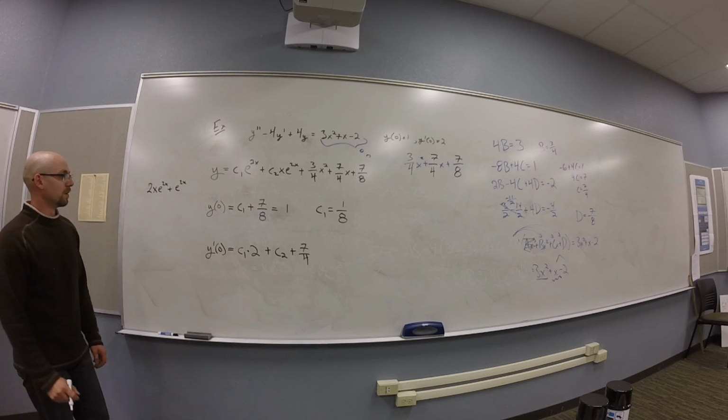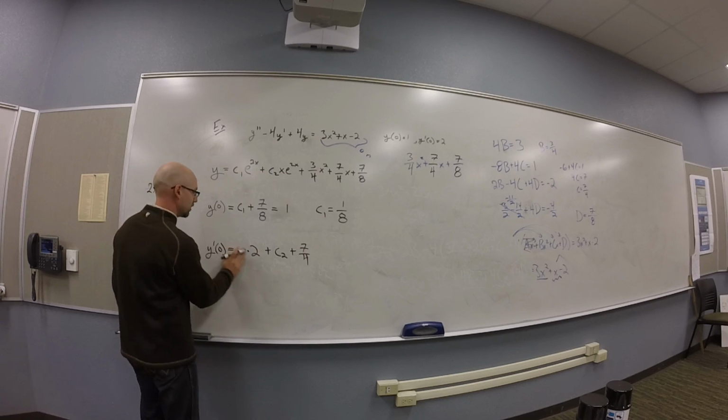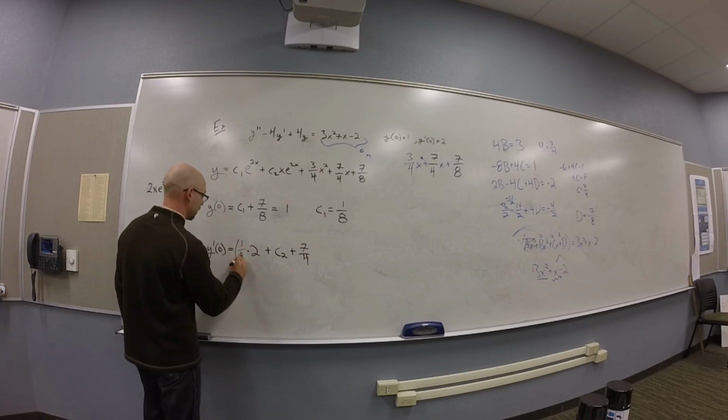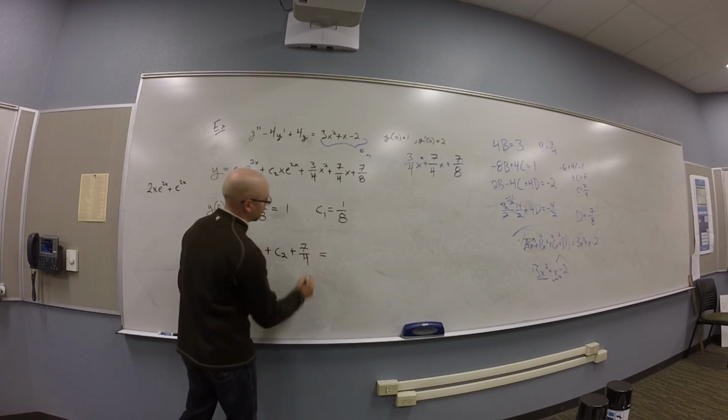Okay, so, oh, I know what C1 is. C1's an eighth, right? So 2 times an eighth is a quarter, and this is supposed to equal 2.